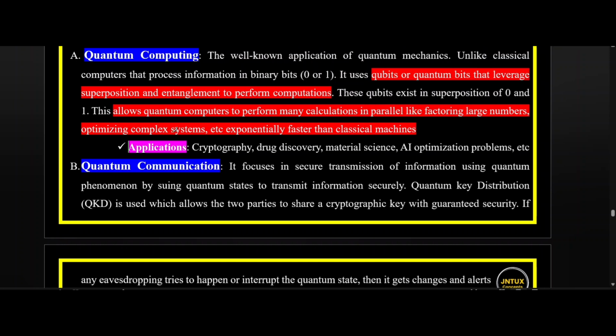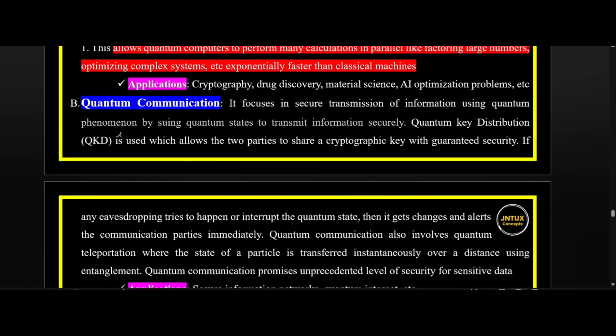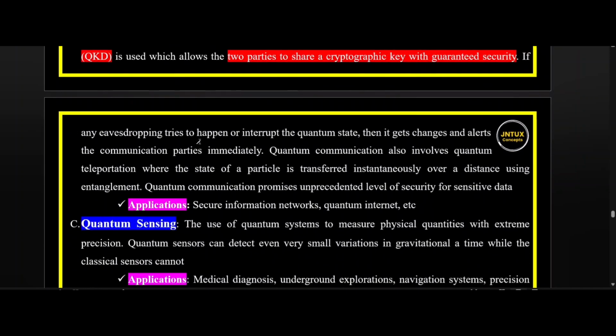So moving to quantum communication, it focuses on secure transmission of information using quantum phenomena, by using quantum states to transmit the information securely. So it uses quantum key distribution, that is QKD, which allows two parties to share a cryptographic key with a guaranteed security. If any eavesdropper tries to interrupt the quantum state, then it gets changed and it alerts the communicating parties immediately.